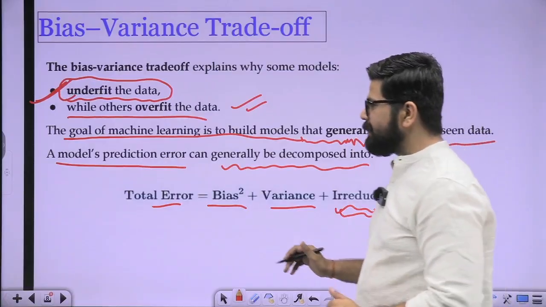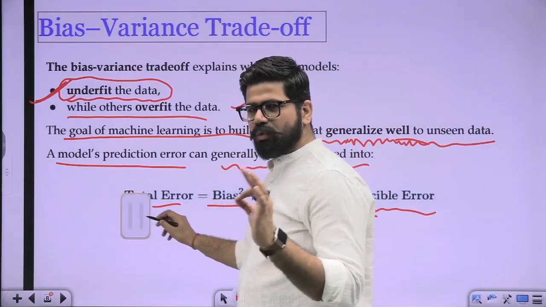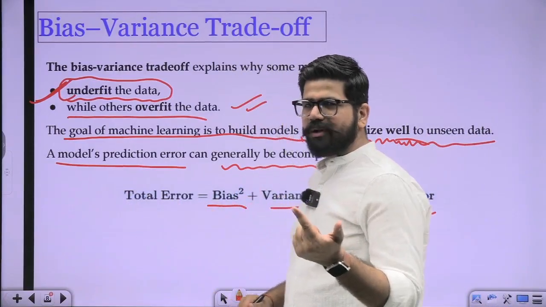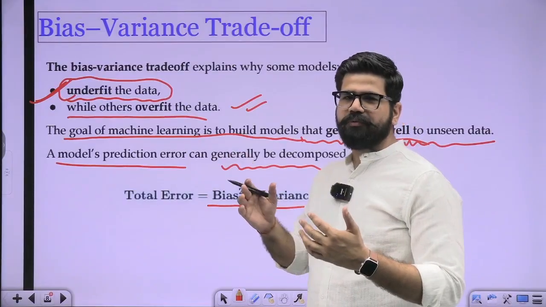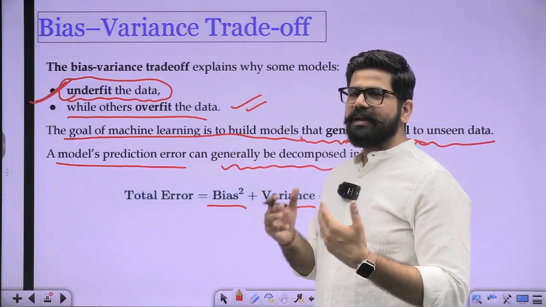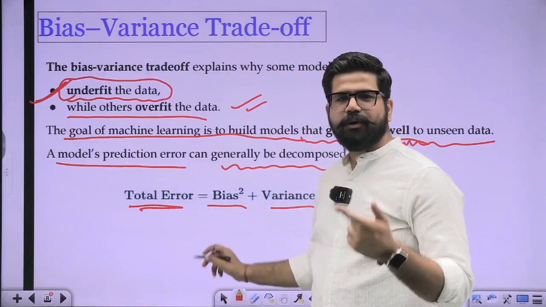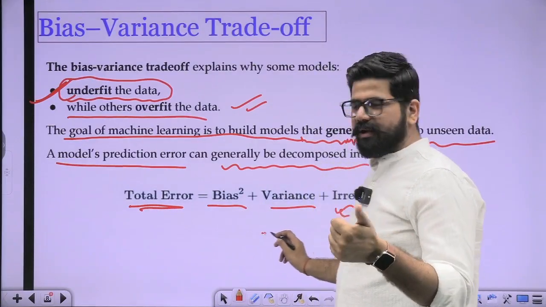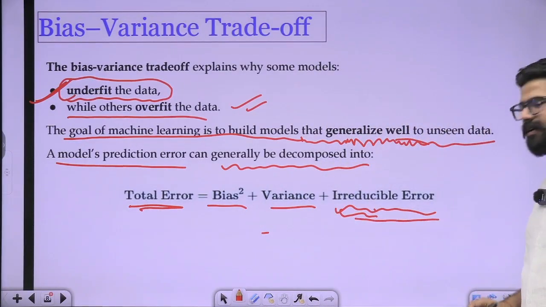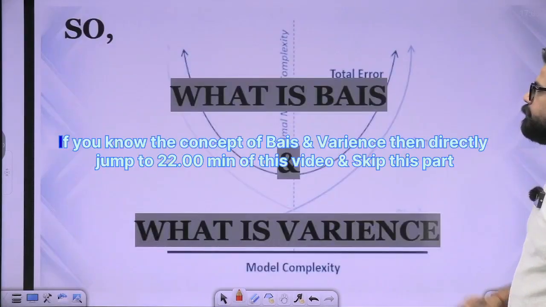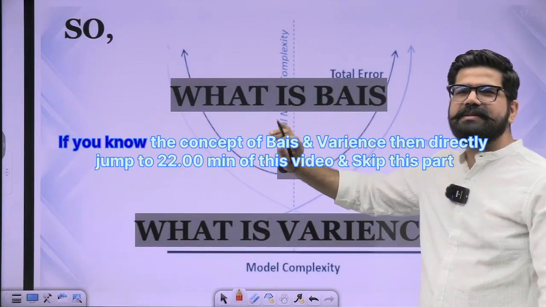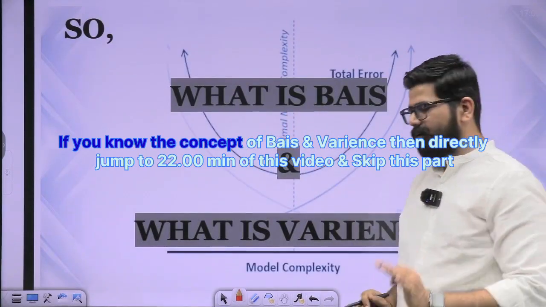Don't worry about that. First, that is your total error. Since your model is not generalized, your model overfits or underfits your data. That's why there may be certain error, and that total error will be nothing but bias squared plus variance plus irreducible error. Moving further, what exactly are bias and variance?